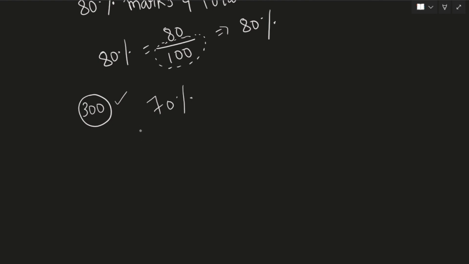In order to find the 70% of 300, we have to change it into the generalized form. That is, 300 should be divided into 100 equal parts, that is 300 by 100, which gives us 3, which means each unit value is 3 marks.